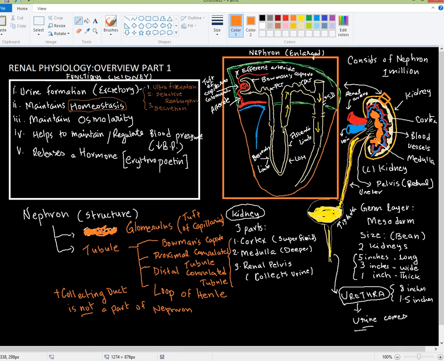Plus, it does a lot of exchange of ions to maintain the pH of the blood, by reabsorbing or secreting the H plus ion or bicarbonate ion. So that's how it maintains homeostasis.